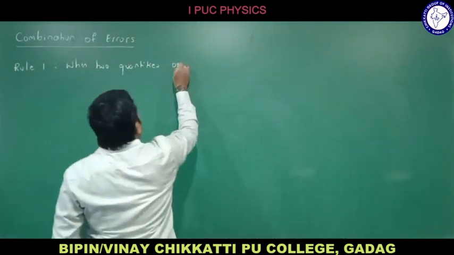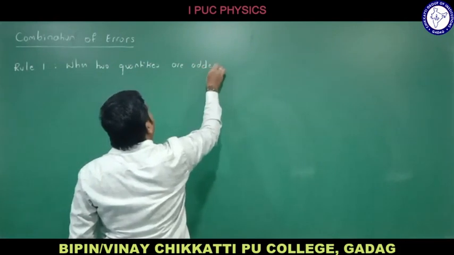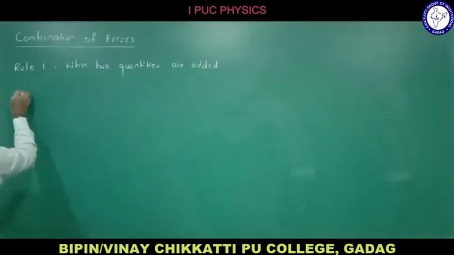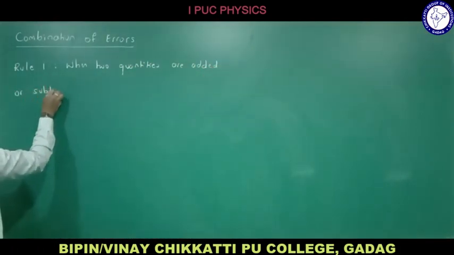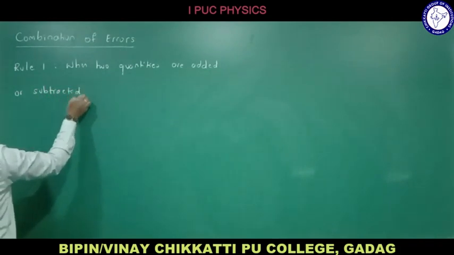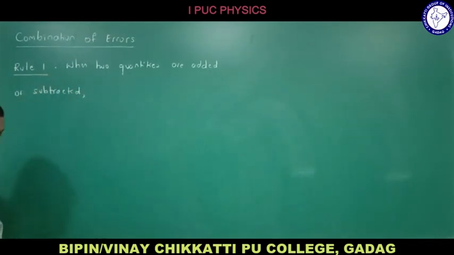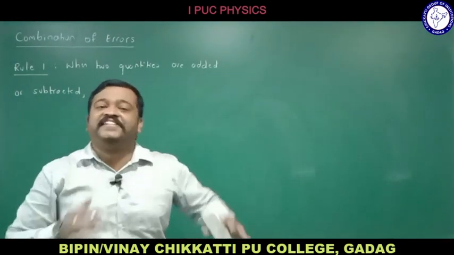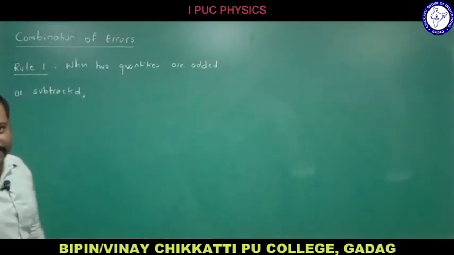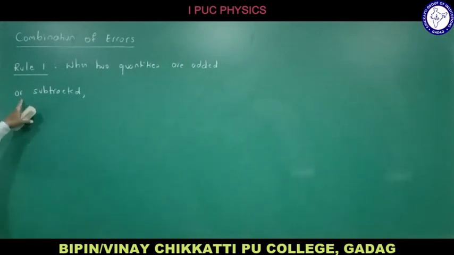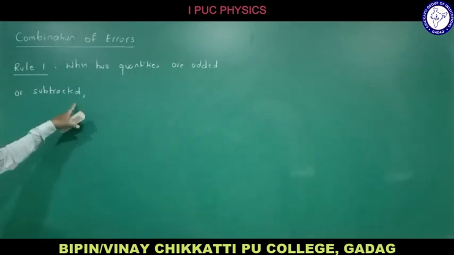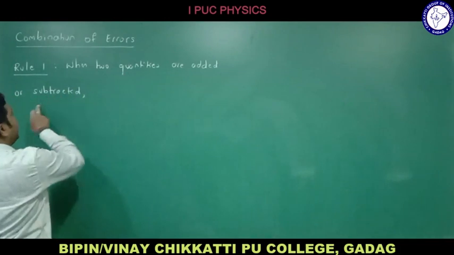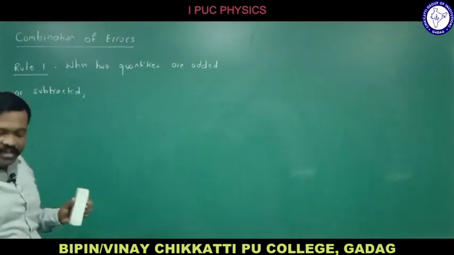are added or subtracted. So do you understand? In the first rule, let me tell you what will be the error in the final result if we are adding the physical quantities. Adding or subtracting now here. When two quantities are added or subtracted, we will be considering the absolute error.